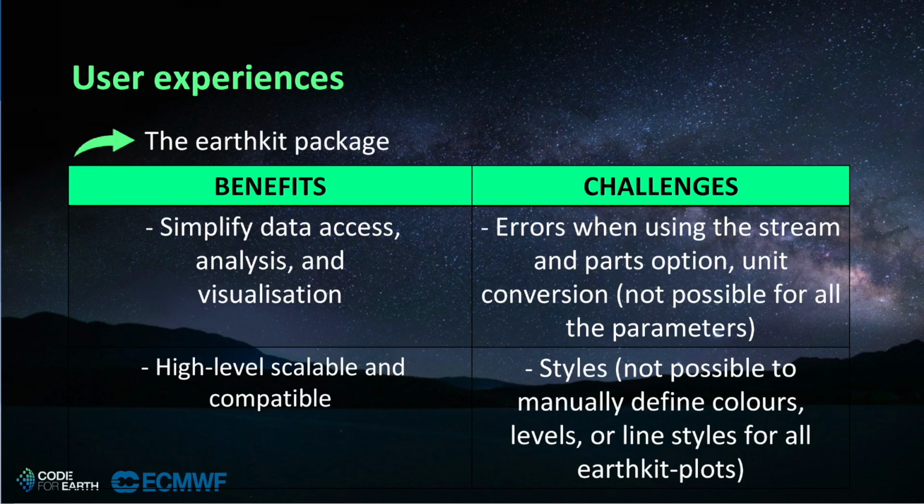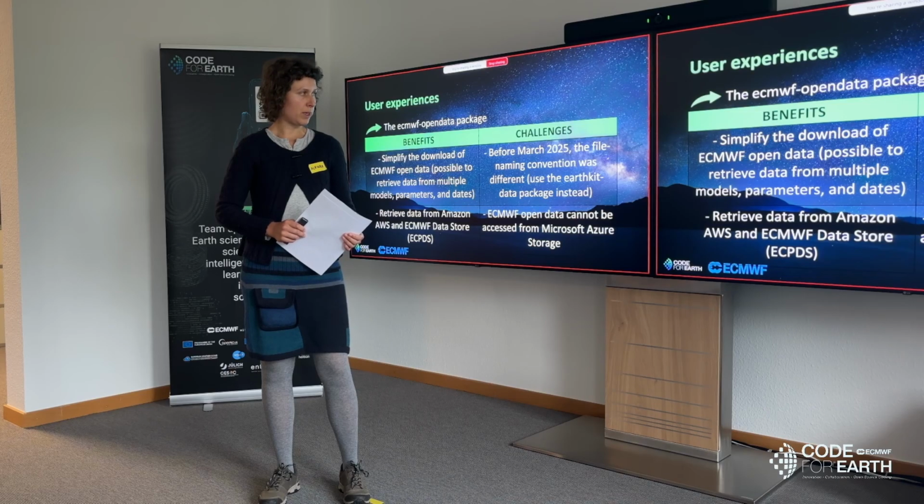For instance, when we don't specify the parts option and want to convert our result to xarray datasets, we receive an error message, something like from Amazon AWS and ECMWF data store. And it's also possible to retrieve data from multiple models, parameters, and dates.